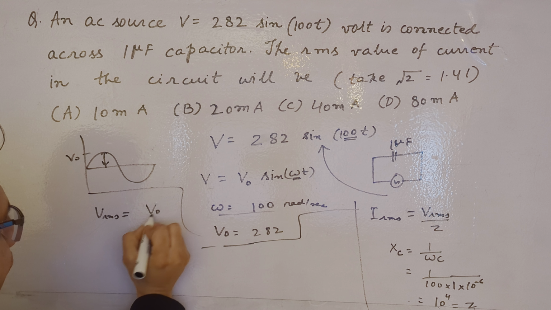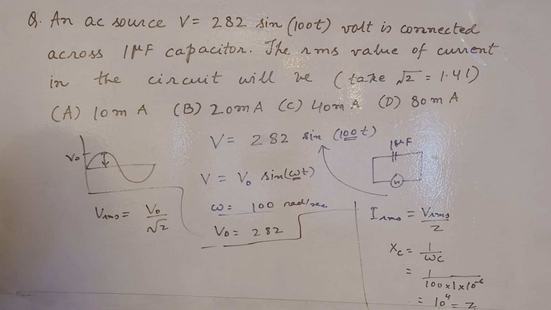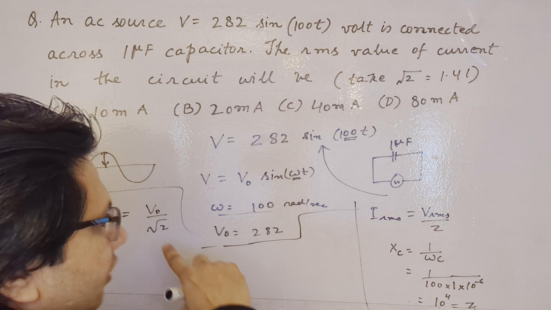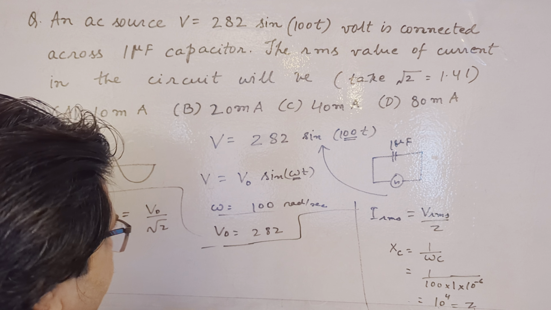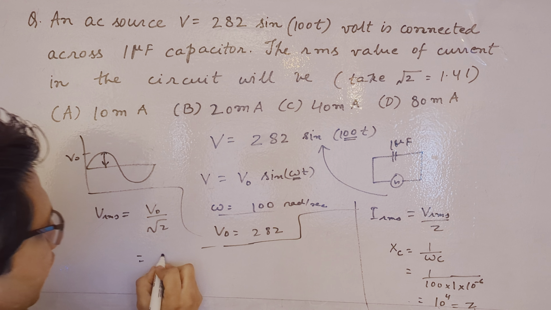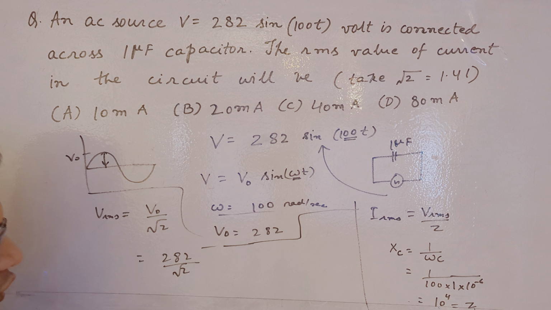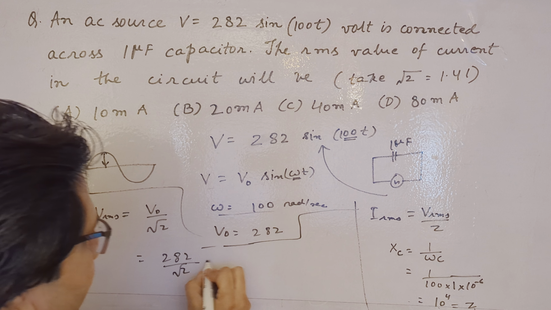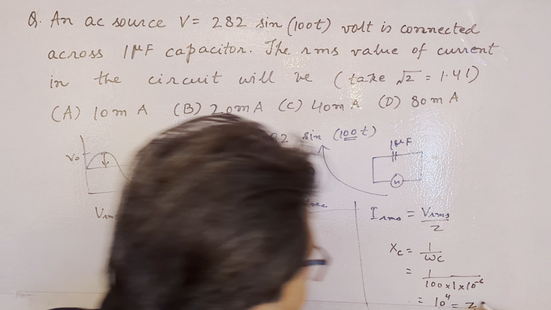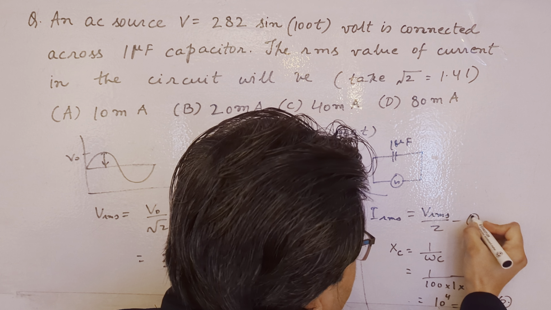For a sine wave, the formula is VRMS equals V naught upon root 2. This is the formula for the calculation of the root mean square value. Now V naught is 282 and it has to be divided by square root 2. So this is our VRMS. Call it equation 1, this equation 2, and this equation 3.